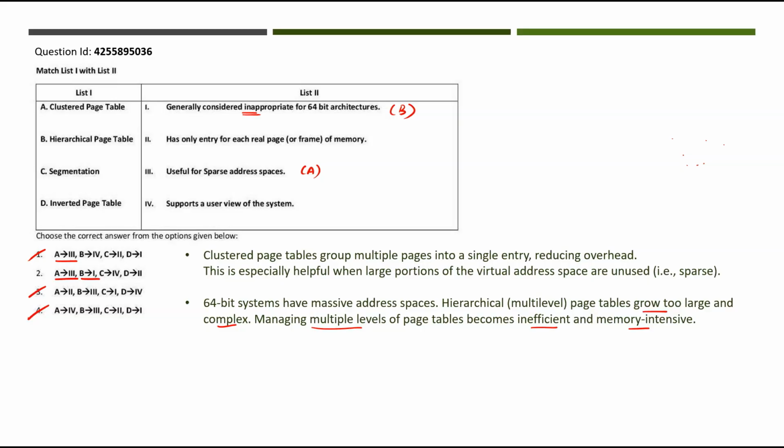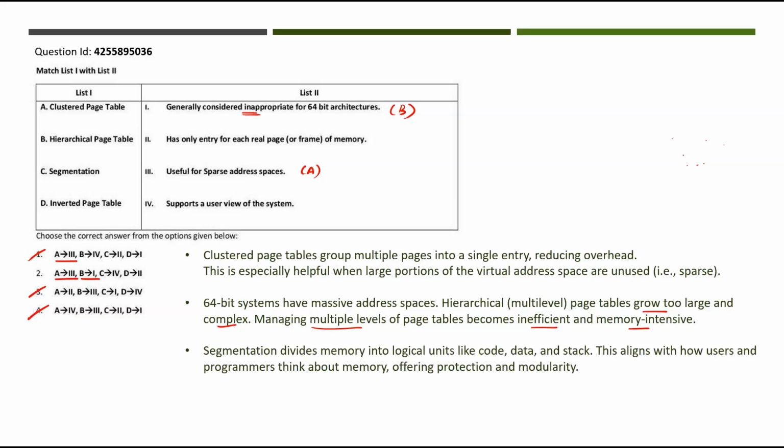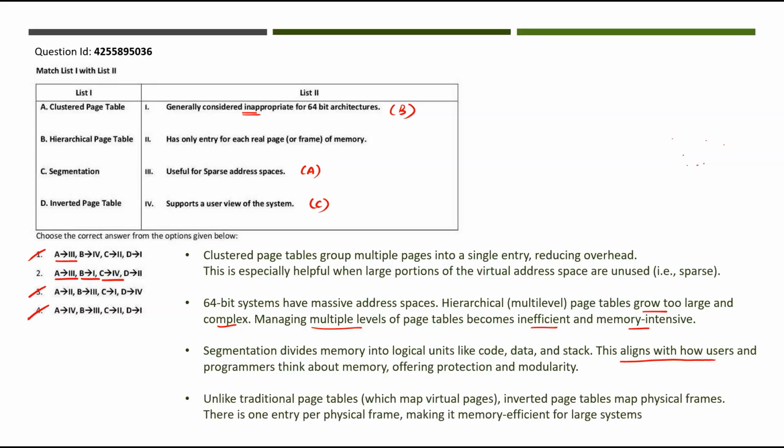The next one is segmentation. Segmentation divides memory into logical units like code, data and stack. This aligns with how users and programmers think about memory, offering protection and modularity. So segmentation supports a user view of the system. They say this aligns with how users and programmers think. So C will be mapping to 4. What about inverted page table?